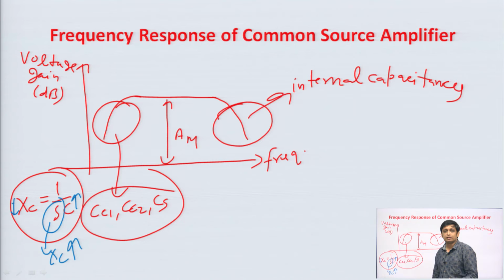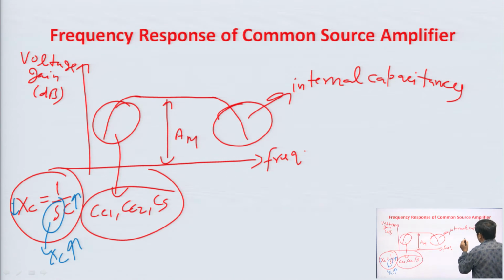It means that now the coupling capacitor will no longer be a short circuit, it can be an open circuit at low frequency, because the capacitive impedance is increasing. That is the issue. That is why at low frequencies, since the coupling capacitors no longer act as a perfect short circuit, the voltage gain is reduced, but at mid and high frequency there is no issue from these coupling capacitors.